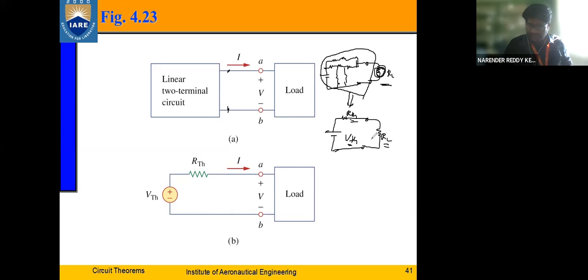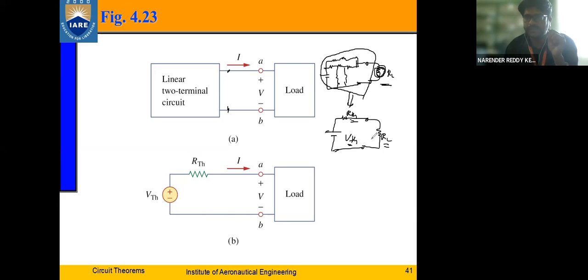So what is the statement of Thevenin's theorem? Thevenin's theorem states that any complex network can be replaced with an equivalent voltage source in series with Thevenin's equivalent resistance. How do you find that equivalent voltage and equivalent resistance? The equivalent voltage is found across the open-circuited terminals, right?